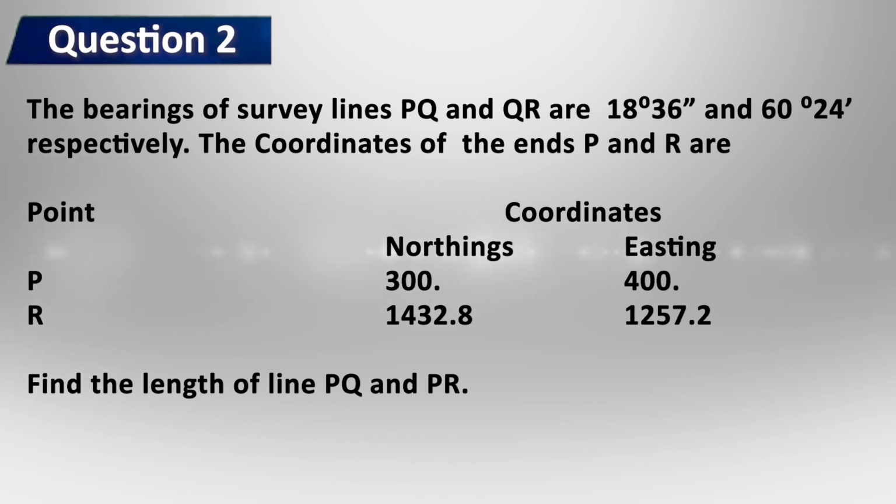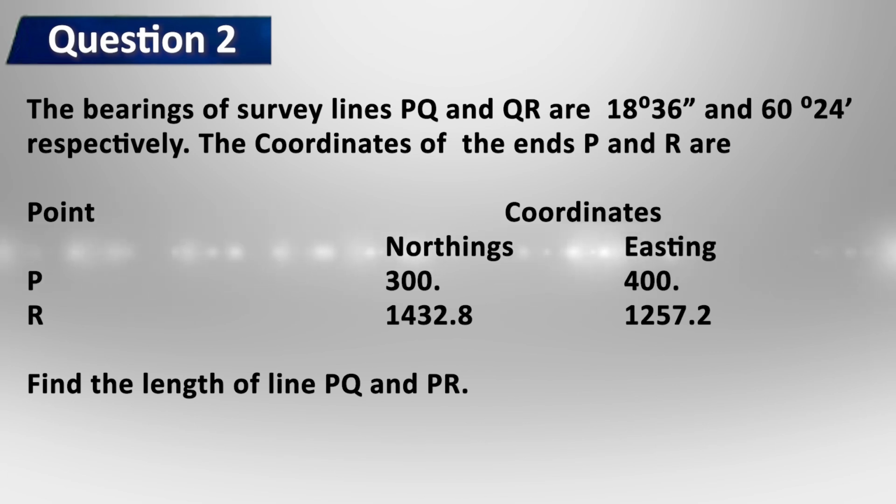The bearings of survey lines PQ and QR are given in the question, and the coordinates of the end points P and R are also given. But we have to find the lengths of PQ and PR. When we have the coordinates of the ends P and R, we can calculate its length and bearing.